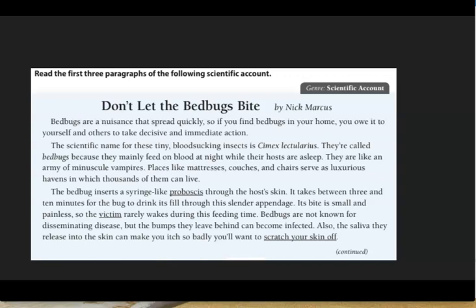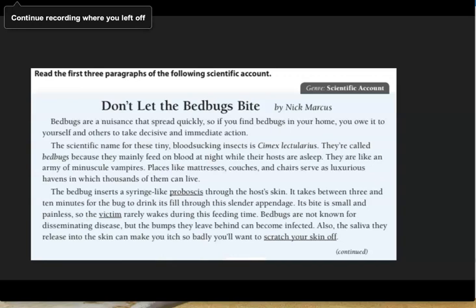"Don't Let the Bedbugs Bite" by Nick Marcus. Bedbugs are a nuisance that spread quickly. So, if you find bedbugs in your home, you owe it to yourself and others to take decisive and immediate action. The scientific name for these tiny blood-sucking insects is Cimex lectularis. They're called bedbugs because they mainly feed on blood at night while their hosts are asleep. They are like an army of minuscule vampires. Places like mattresses, couches, and chairs serve as luxurious havens in which thousands of them can live.